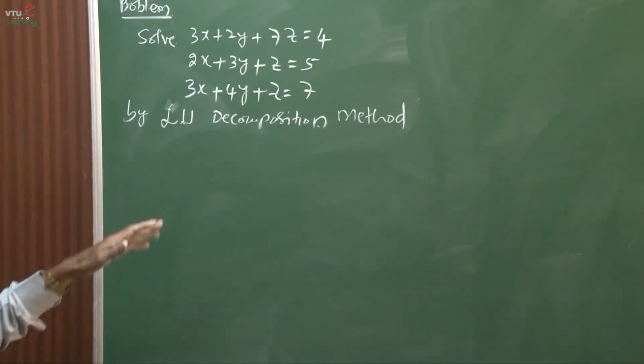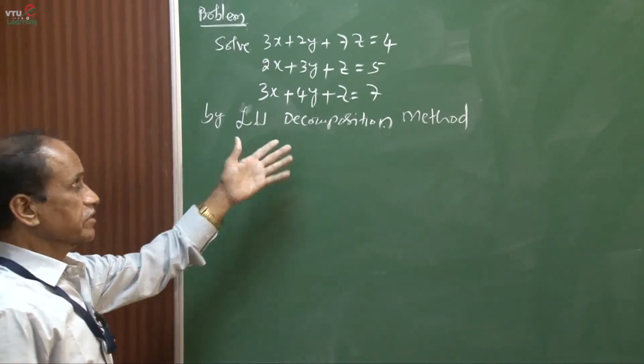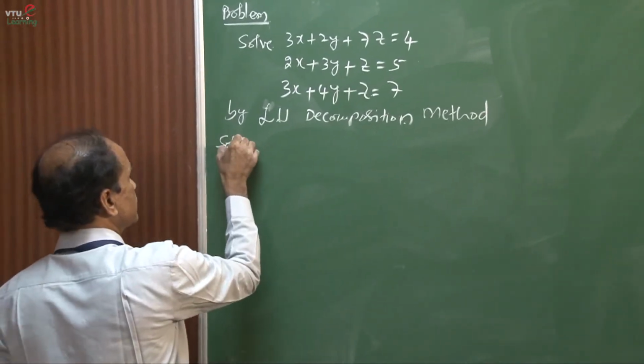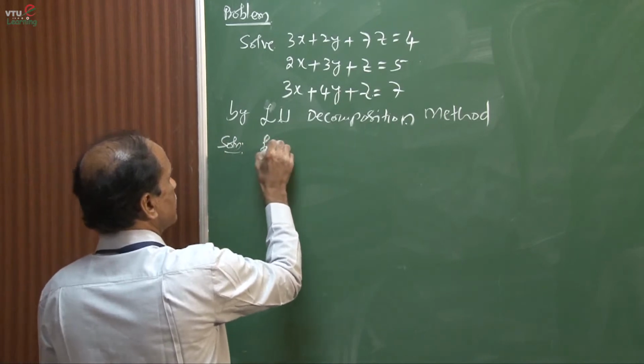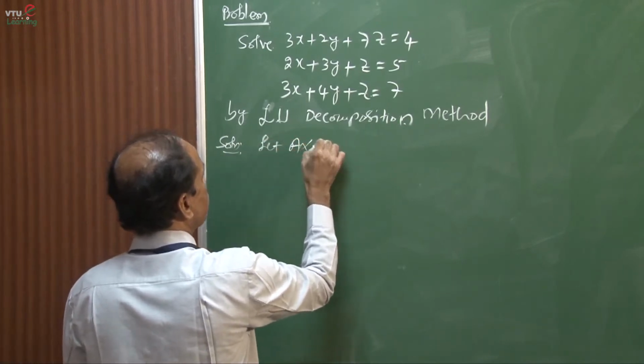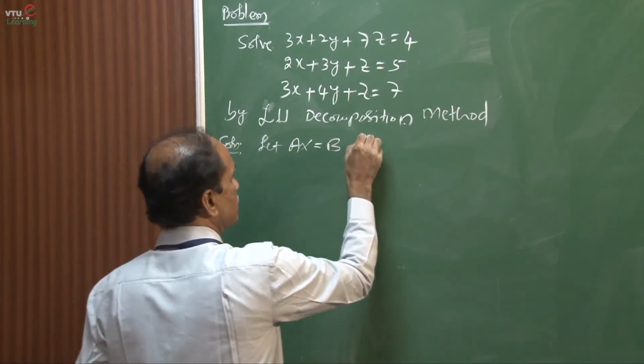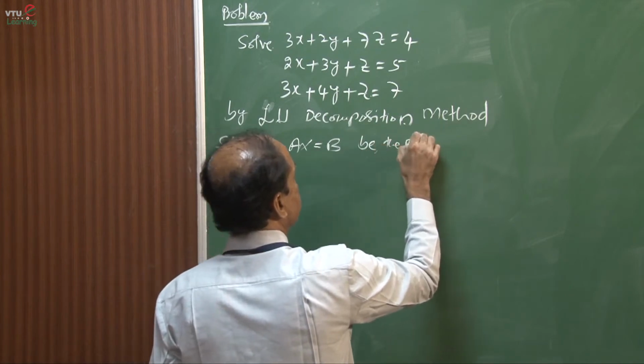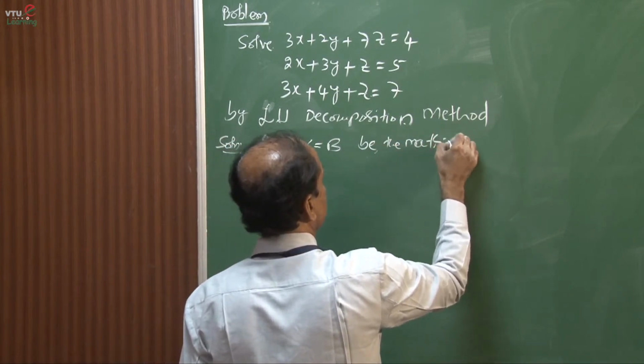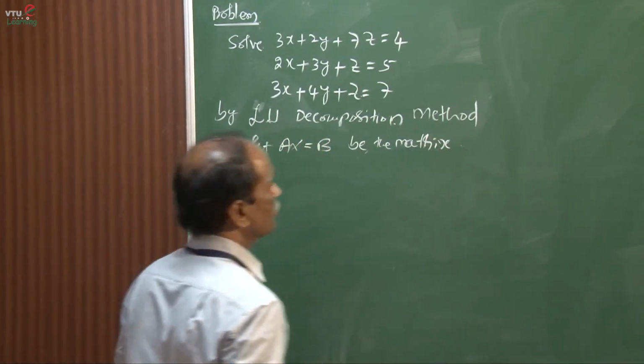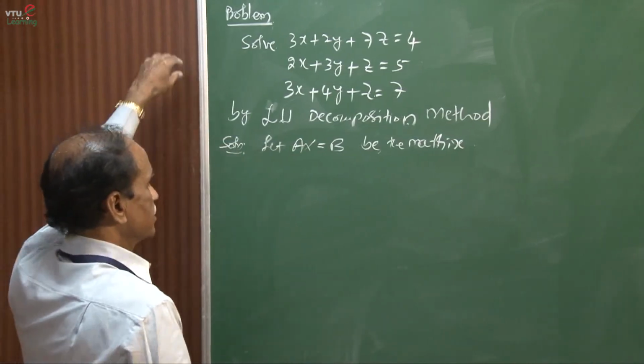Matrix form, equation and matrix equation. In the solution, the first compulsory step is let Ax equal to B be the matrix equation.